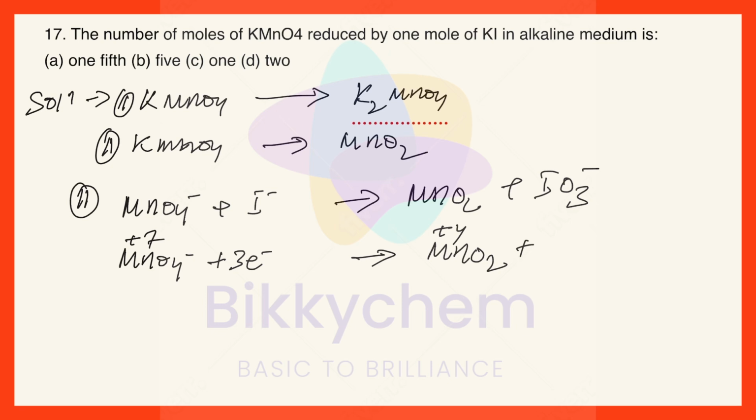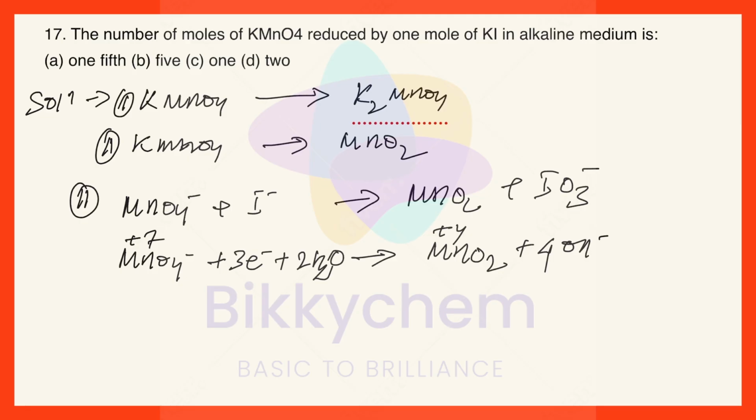And since it is taking place in the basic medium, OH is there, we'll add water. So to balance this one, let's say 2 water, so it will be 4OH.